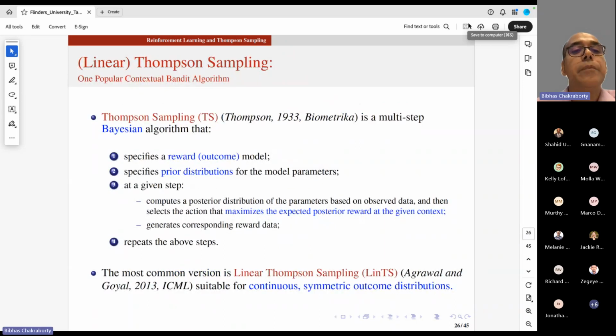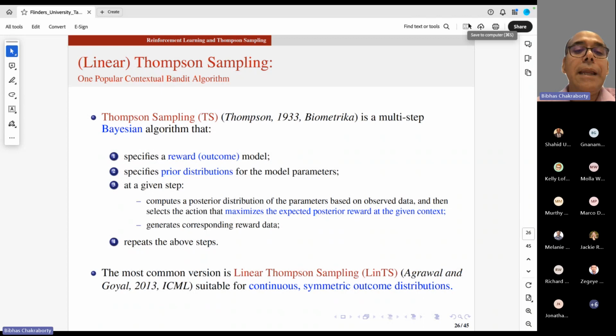Okay, so one popular algorithm is Thompson sampling. This is actually an old idea from the statistics literature. It's a posterior sampling idea, based in Bayesian statistics. It specifies a reward or outcome model and some prior distributions for the model parameters.